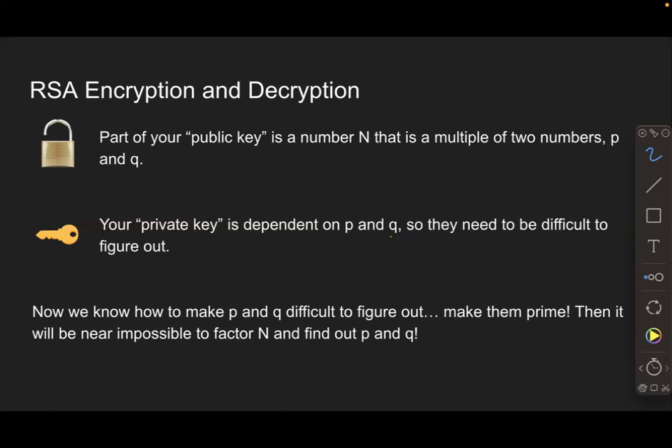Since it's dependent on P and Q, it's really hard to figure out. And so no one has the computing power to figure out P and Q.